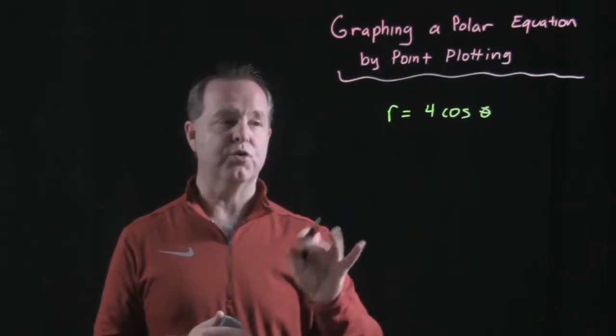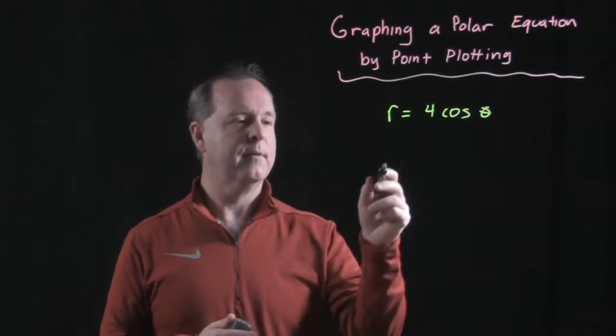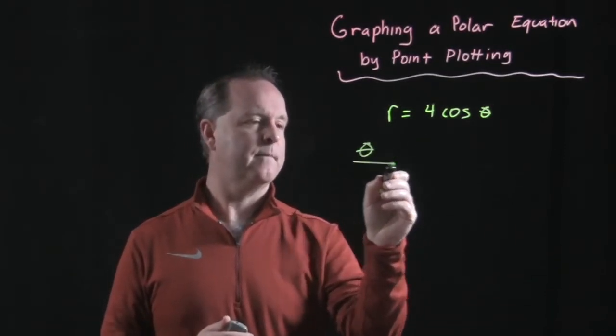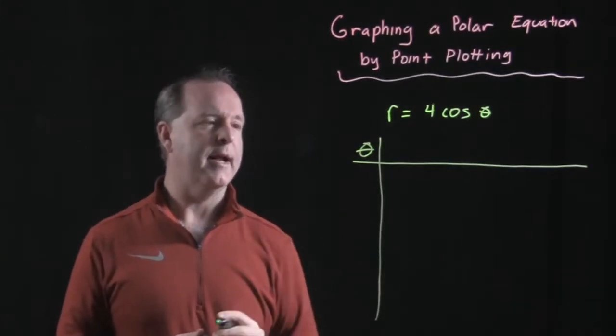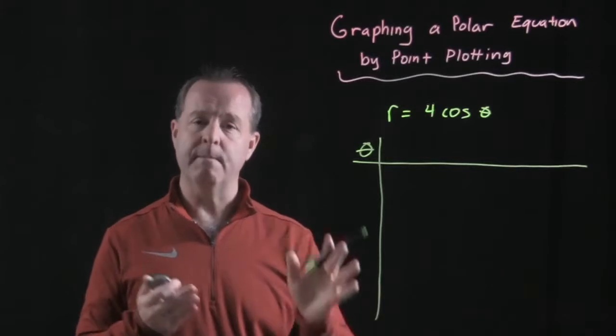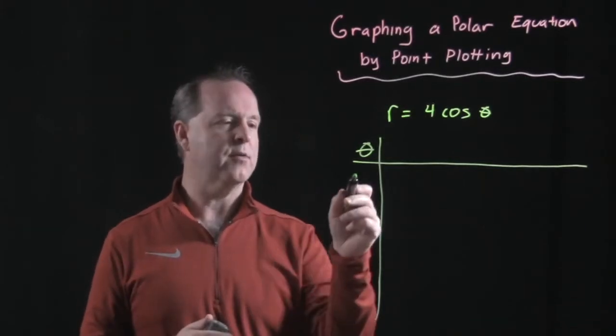So let's go ahead and draw what we call our theta table. I'm going to choose some values of theta, angles that we're already familiar with, where we already know what the cosine of those angles is.